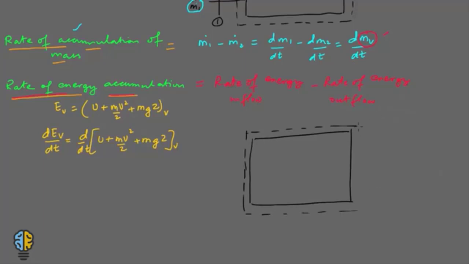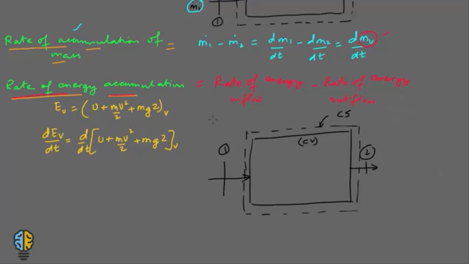So this is the control surface and this is the control volume. You have two sections. The inlet section is section 1 and the outlet section is section 2. Now let's put in the values.